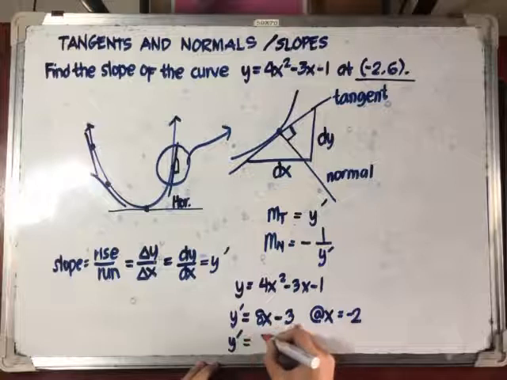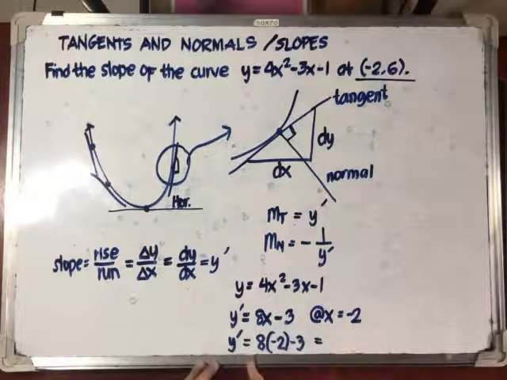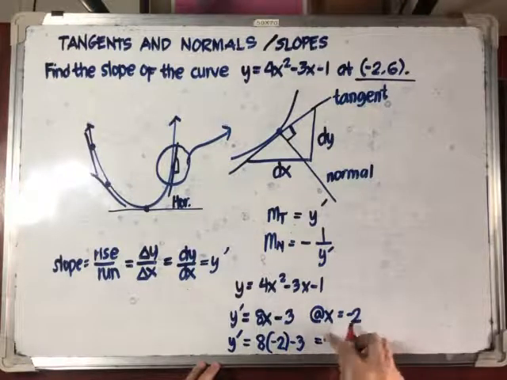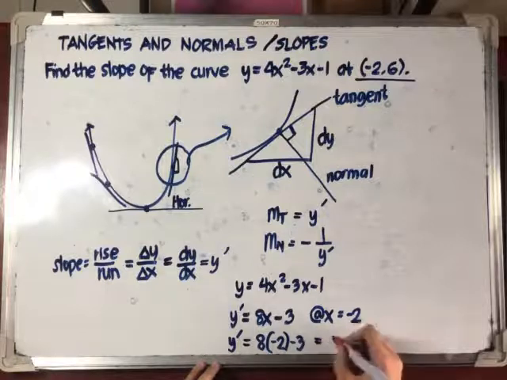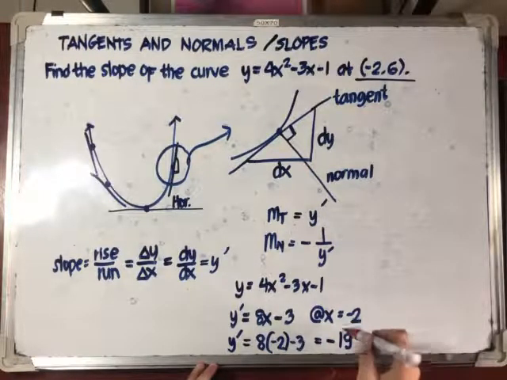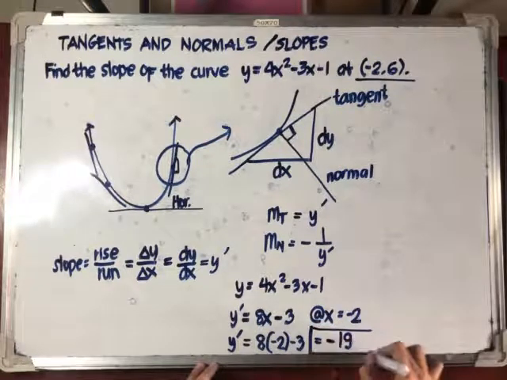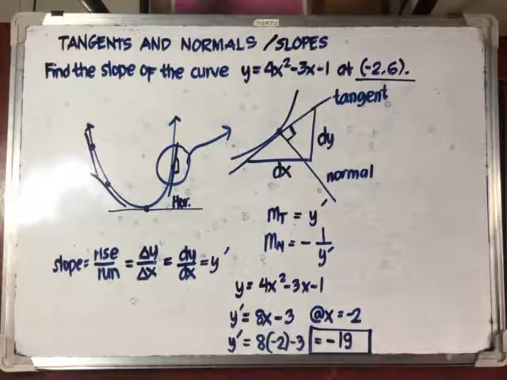So, y prime is 8 times negative 2 minus 3. That would be negative 16 minus 3, which gives us negative 19. So the line is very steep at that point of the graph. This is negative 19. A rise of 19 for every run of 1. A slope of negative 19. So that would be all for this problem.